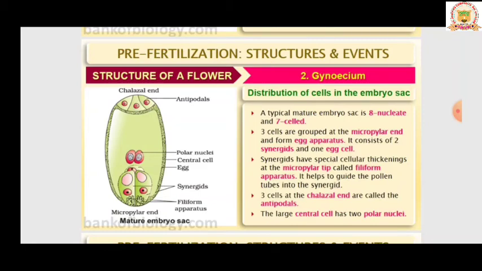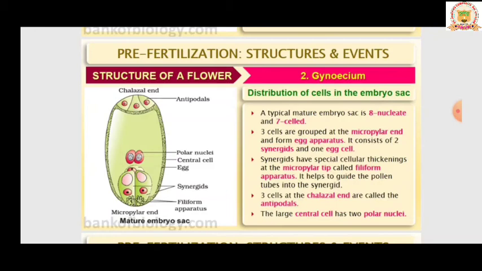The synergids have a special cellular thickening at the micropyle tip called the filiform apparatus. The synergids have a special finger-like structure, specialized cells which are thickened. They are thick compared to the other cells near the micropyle tip. They are known as the filiform apparatus. They help to guide the pollen tube into the synergid.